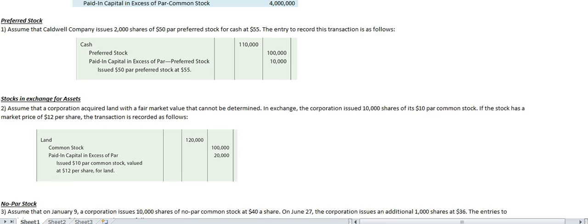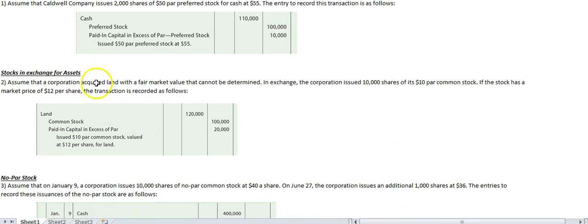Another point that's very important to understand from this concept is that when you receive an asset, usually you're going to use the market value of the stock because it's the more reliable of the two values. So nine out of ten times you will use the market value of the stock. You're going to use the most reliable value source that you have.